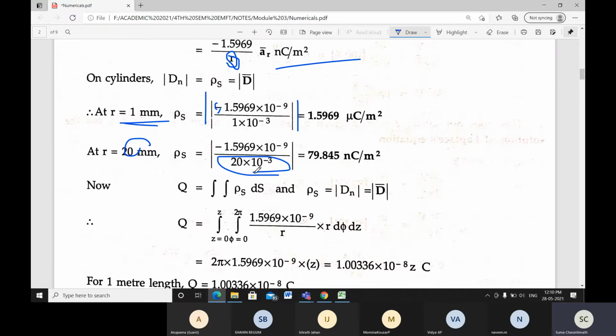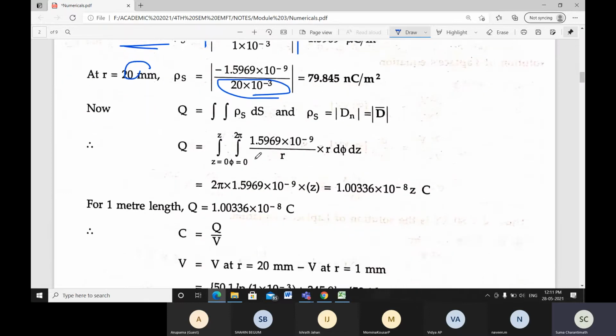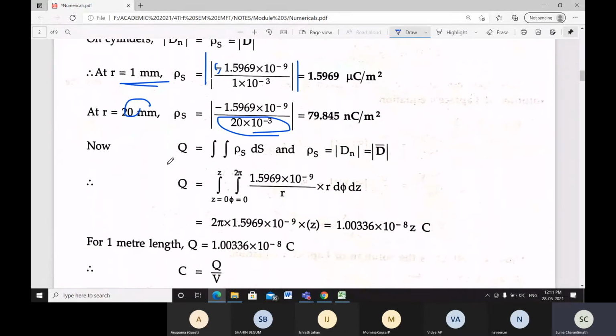Then we want the charge, and from charge we can find out the capacitance. For that reason, Q is going to be equal to, since we have calculated rho s, the equation is double integration of rho s into ds, where Z is varying from 0 to z and phi is varying from 0 to 2 pi.